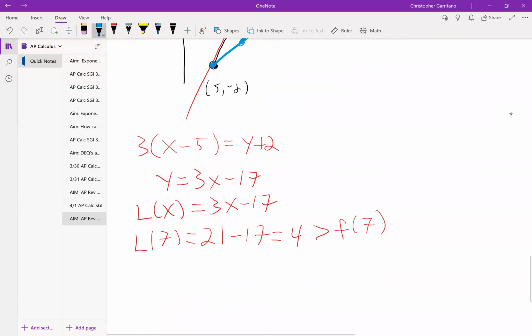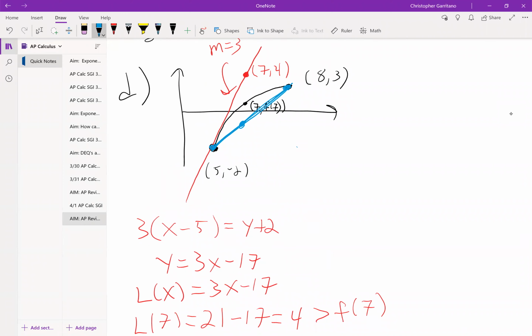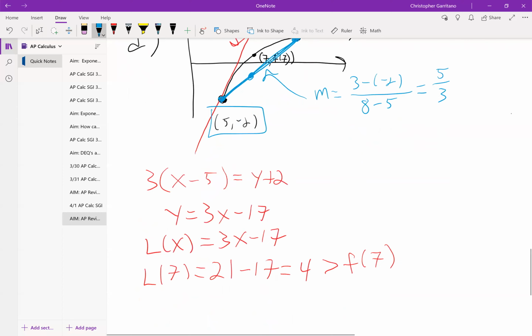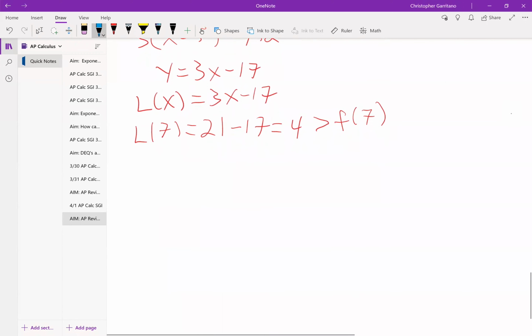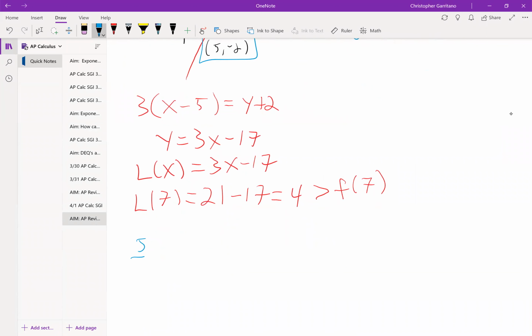So for the secant line, I need to determine its slope: change in y, which is 3 minus -2, over change in x, which is 8 minus 5. So this is 5 over 3. So I have the slope, and I also have a point. I'm going to use, once again, the point (5, -2). So I have 5/3, that's the slope, times (x minus 5) is equal to y plus 2.